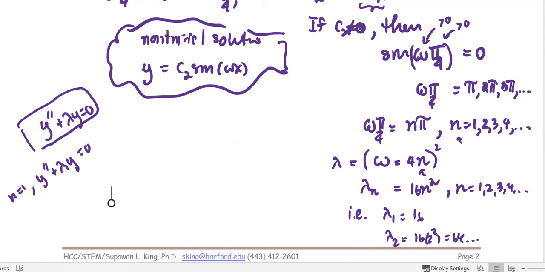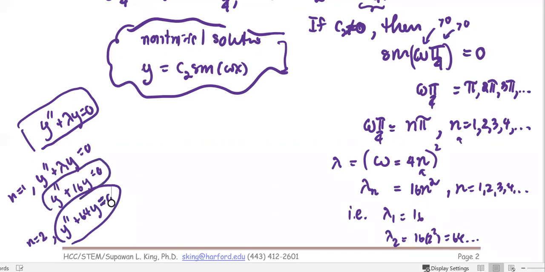So you can have y double prime plus 16 y equals 0 for n equals 1, and for n equals 2, y double prime plus 64 y equals 0. If you recall the problems in 5.1, this is just the free undamped problem, which depends on k, the spring constant, and the mass, from Newton's law. So we have options for lambda that give us the non-trivial solution.